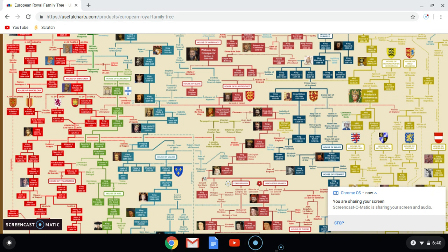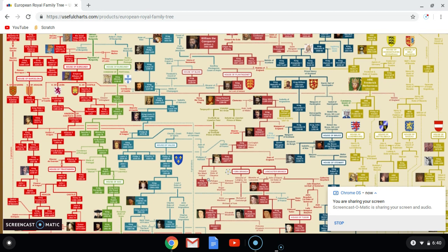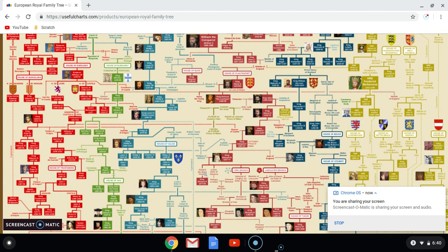And so he has a son named the Black Prince, who died before Edward did, and so it passed to his grandson, who became Richard II.